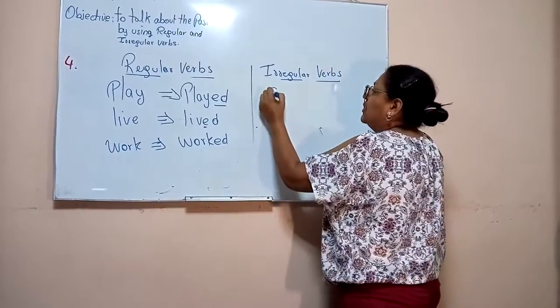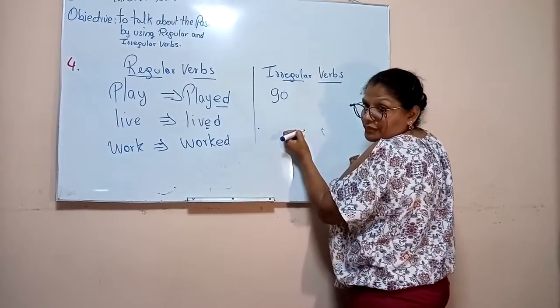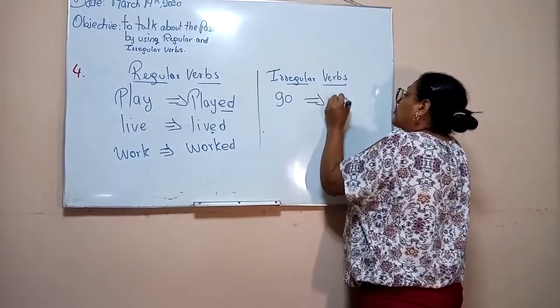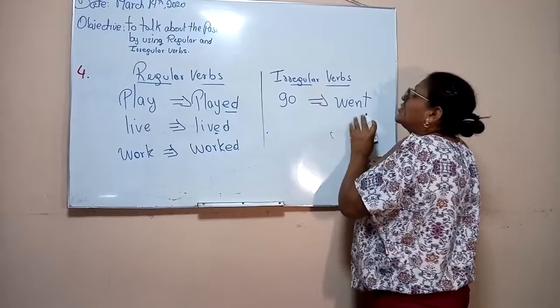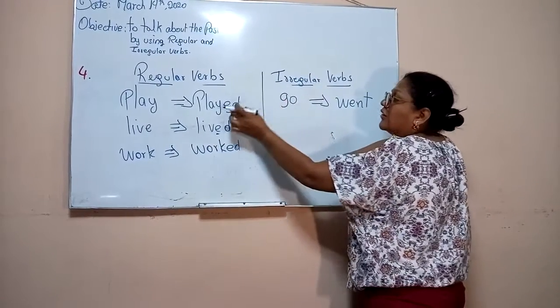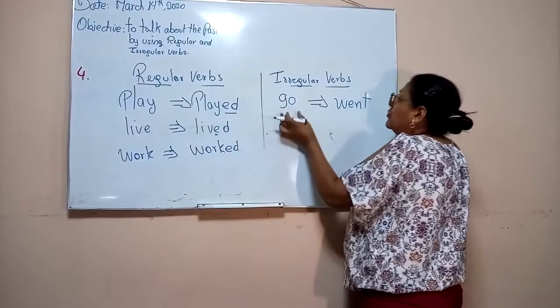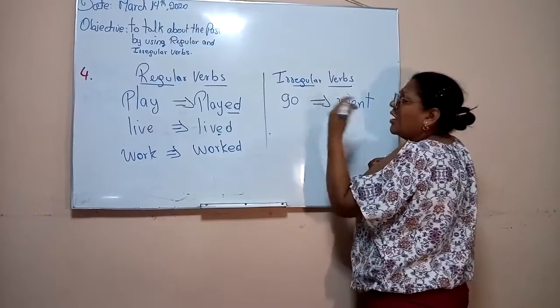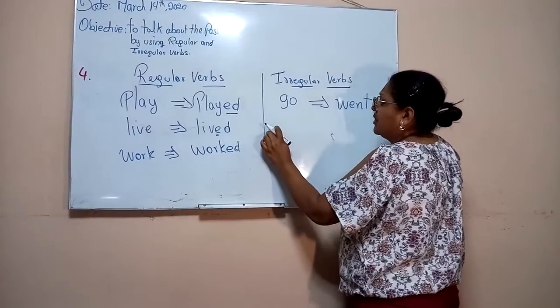For example, the most common is the verb go. If you want to refer to the past, you have to write the simple past of the verb. It is went, it's different. So in irregular verbs you don't have to add ed. You have to put the correct form in the simple past.